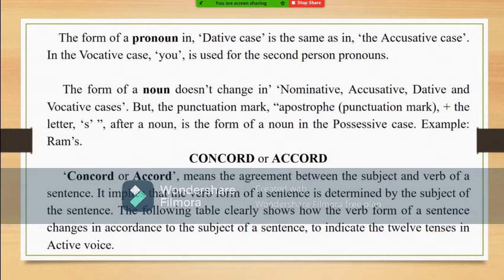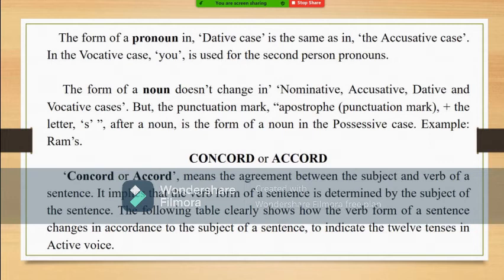When a noun or a pronoun is in the position of a subject, it is said to be in subjective case or nominative case. The second one is the noun or a pronoun when it is used as an object, it is said to be in objective case or accusative case. Third one is possessive case. It refers to possession or belongingness or ownership belonging to someone; to mean that we use possessive case.